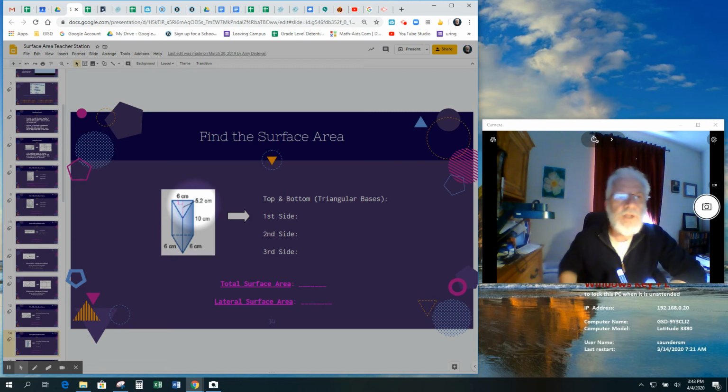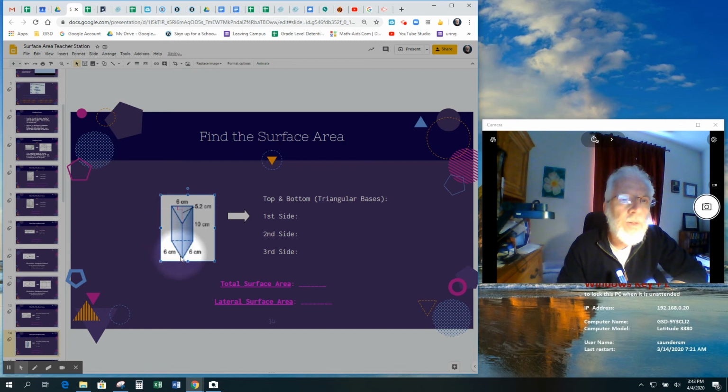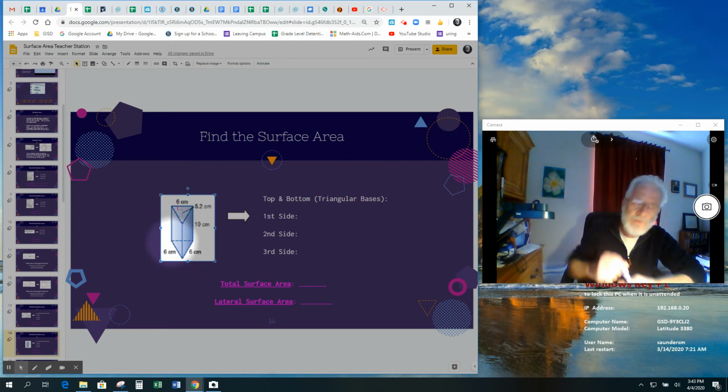All right, side number 2. This guy right here. He's 10 centimeters tall by 6 centimeters wide. So he's also 6 by 10. And so we'll call him 60 centimeters squared.